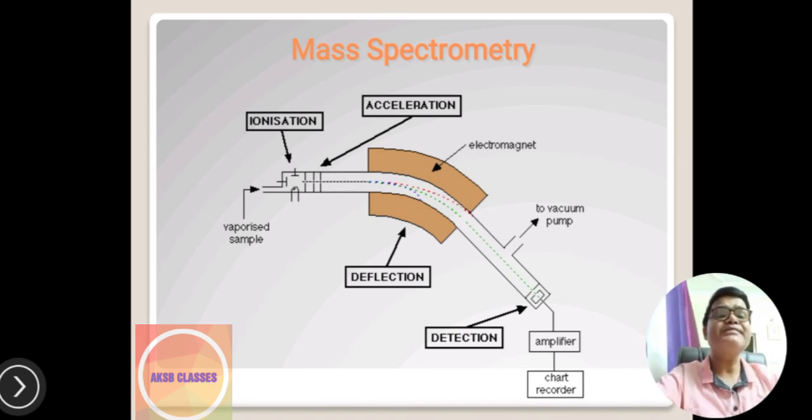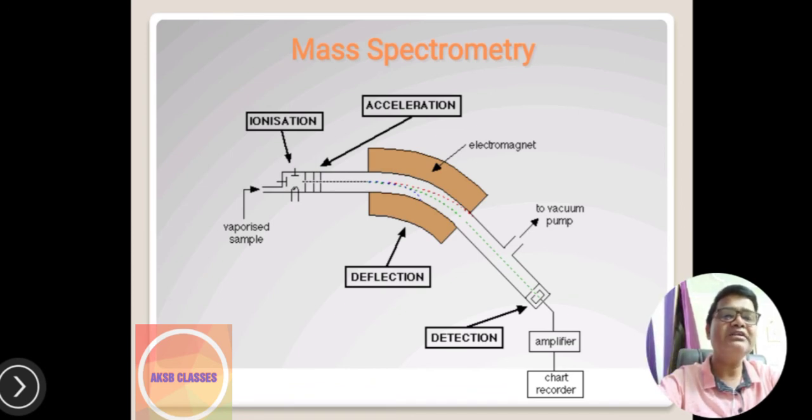This mass spectrometry is the most powerful technique through which we identify whether the protein is present or not. Then we quantify the protein, meaning the amount, at the picomole level. What is the basis? First, we ionize the sample.